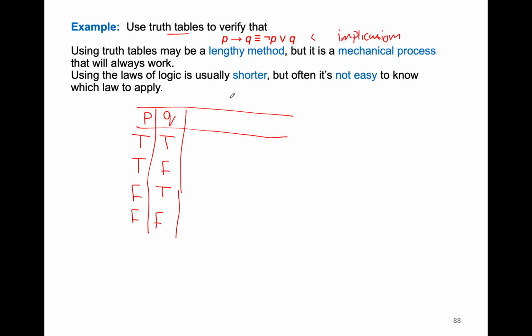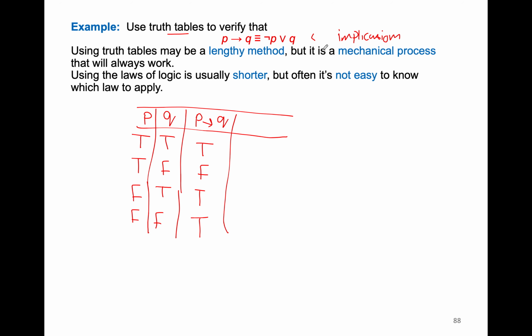Now we will find the truth value of the first logical expression, and then we will go for the second one. So if P, then Q. If true, then true is equal to true. If true, then false is false. If false, then true is true. If false, then false is also true.